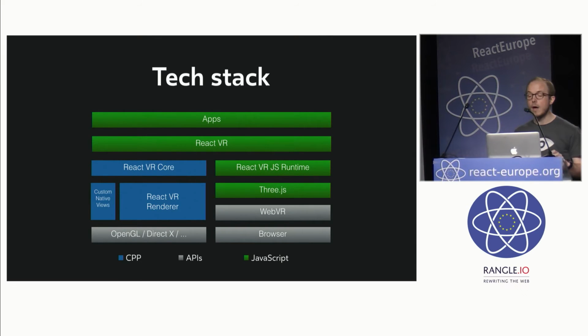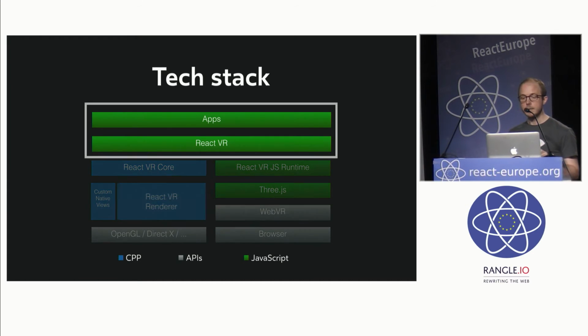So here we have a holistic view of our tech stack for Oculus React VR implementations. At the top, we have our application code, and this sits on the common React VR JavaScript. The goal is for this code to exist across multiple runtimes. It creates a layer of abstraction.